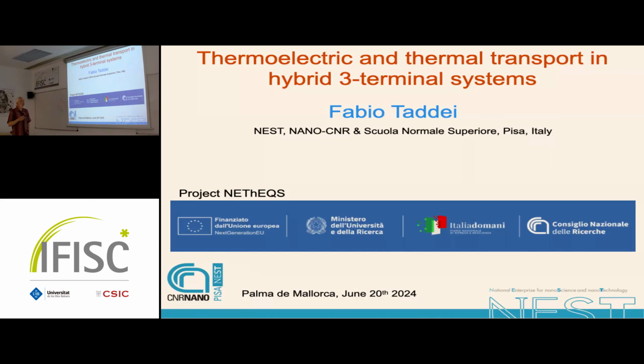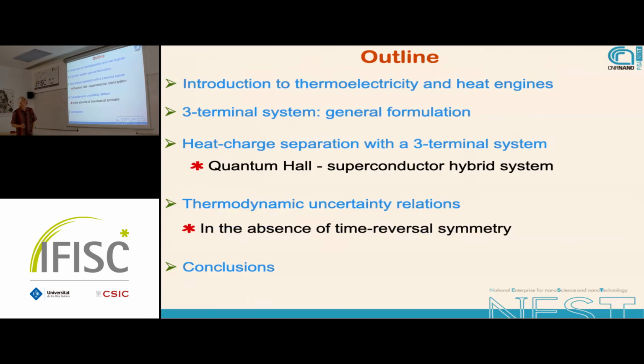And then, if I have time, I'll also mention another project which is not strictly related, but it's also something which we are working on. I should also mention this project is from the Italian Ministry of Research, which is funding my research nowadays.